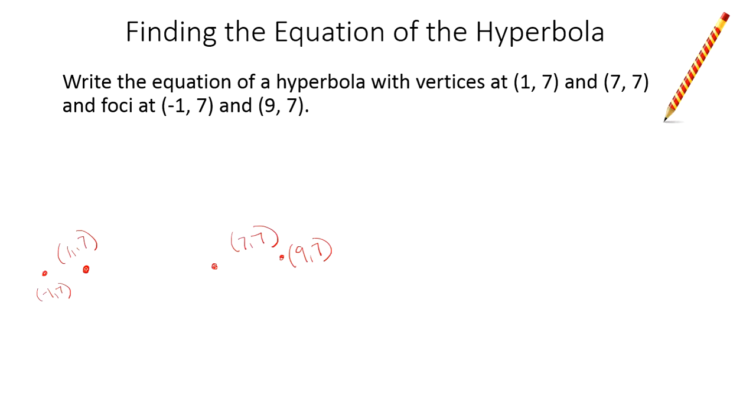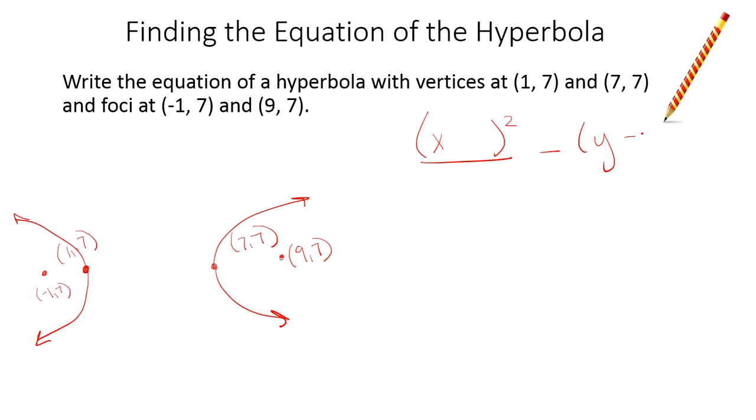There we go. So I do know my two hyperbolas are going to shoot off in both sides like that. So I do notice they're left and right. So I do know that I'm going to have an x first, and it's going to be equal to 1. Let's find the center of these two. So what is in the middle of these two vertices?